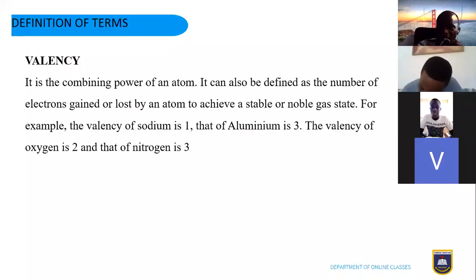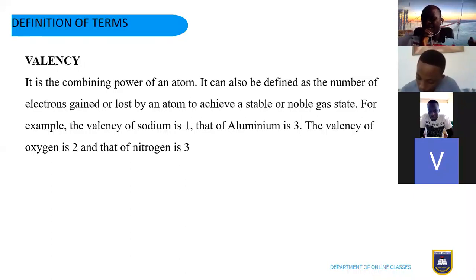The only difference, hello, listen to me, the difference between valency and what we call charge, you see, valency is derived from the charge. The charge has a sign. It's either positive or negative. But valency is the absolute value without charge. So the charge for aluminium is +3 because aluminium will give out 3 electrons.